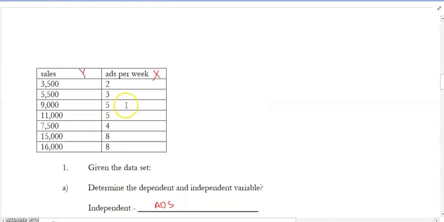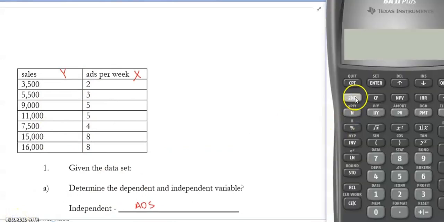So once again, let's go back to our data set and put that into our calculator. Now that I have my calculator out, once again, I go second data, second clear, and I'm going to put my XY pairs in. So 2, enter, scroll, 3500, enter, scroll. The second data point is 3 ads, enter, scroll down, 5500, enter, scroll down, and so on and so forth.